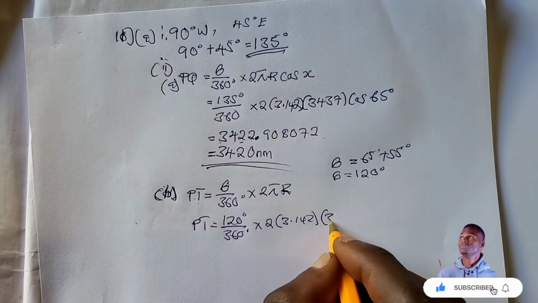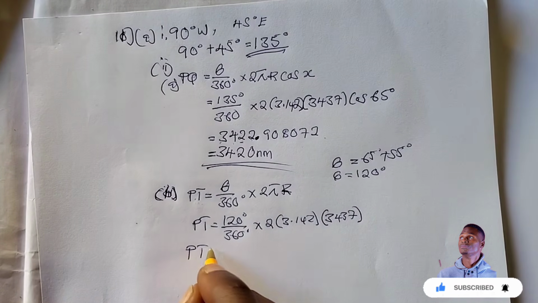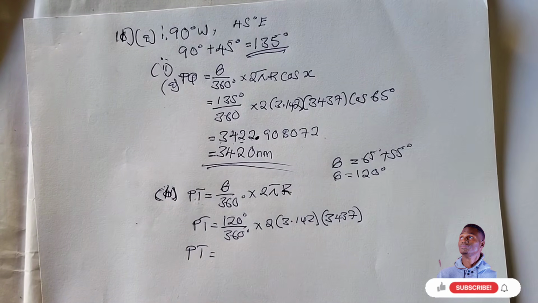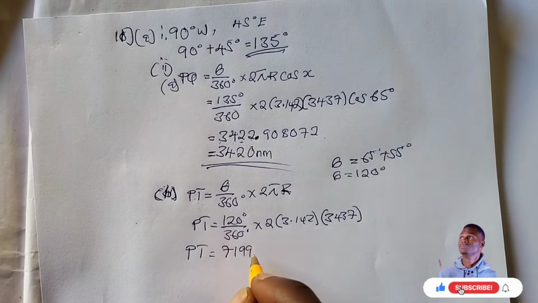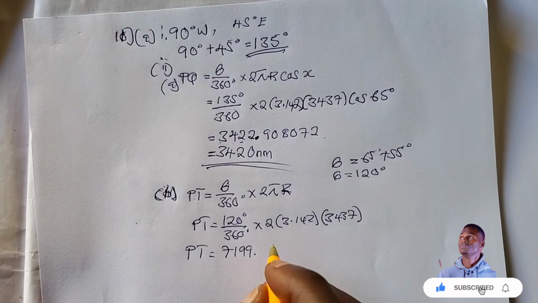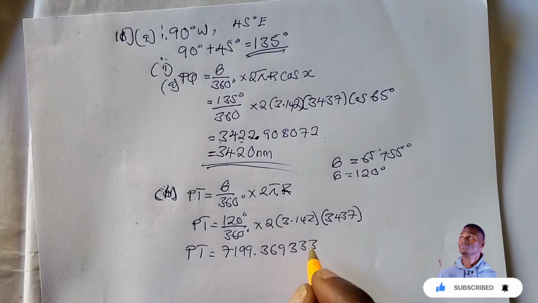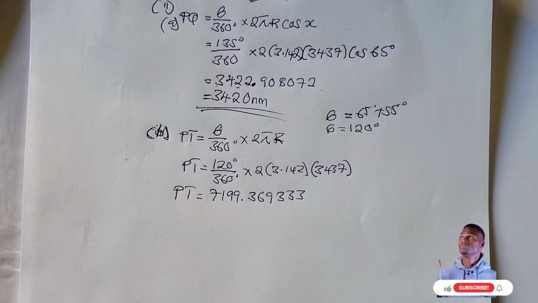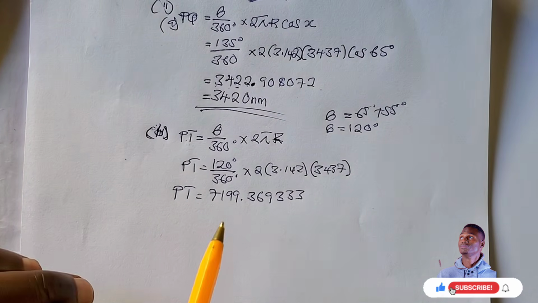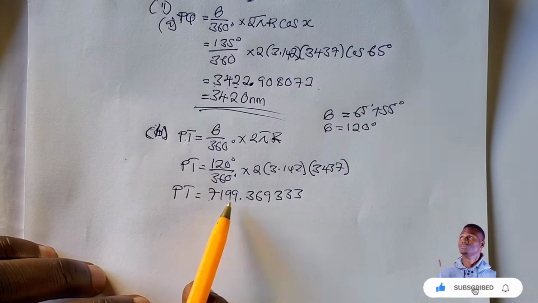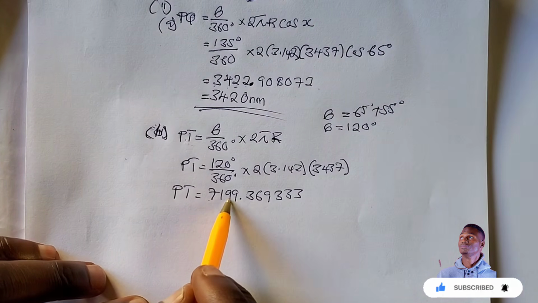Then the radius is 3437. PT is equal to 7199.369333. Then still 3 significant figures, so 1, 2, 3. We add 1 to this 9.